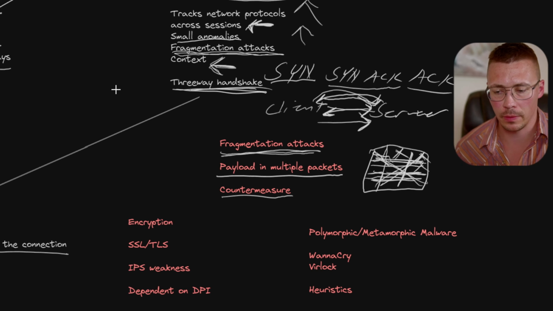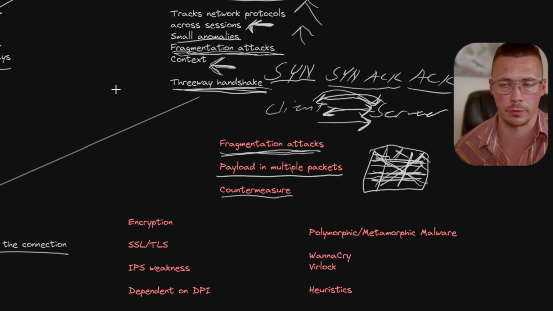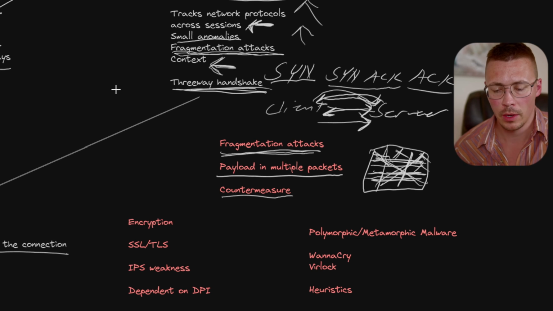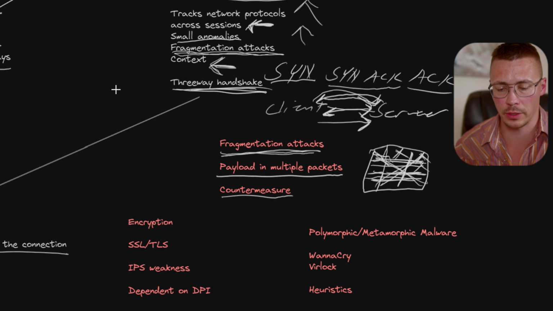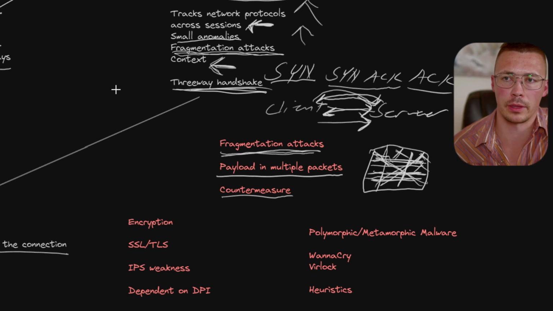Again, really simplified. I'm trying to keep this under 45 minutes like my last video, but it will take everything as a whole picture and say, okay, all of these packets put together are malicious. Block.